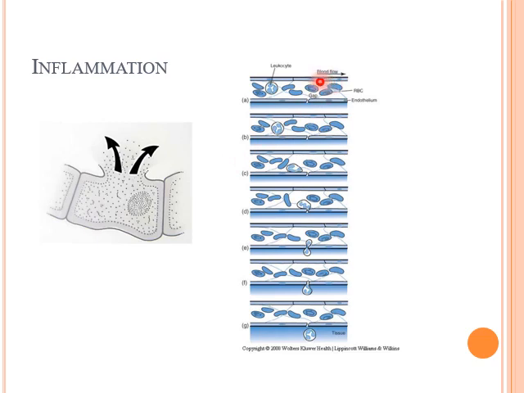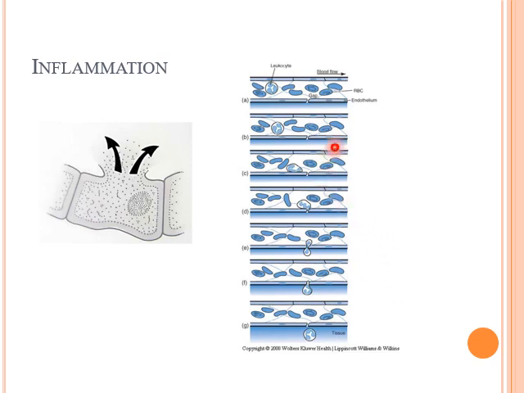If we look over here, the blood vessels, remember, are going to dilate. Now, why do they dilate? It's because we want to get these white blood cells out into the area, because the white blood cells are going to go out and clean things up.